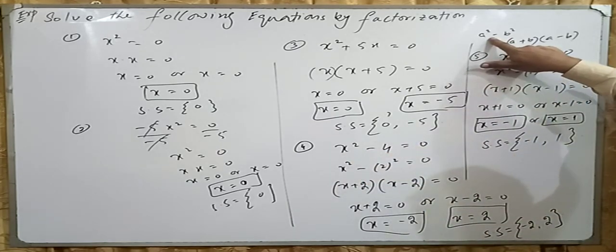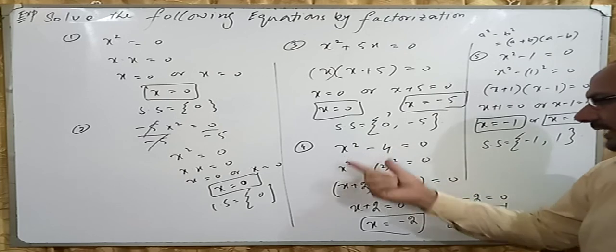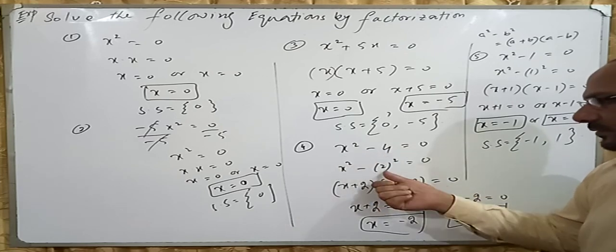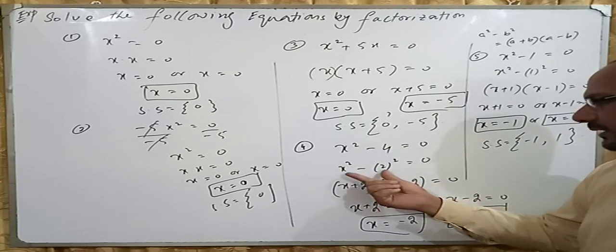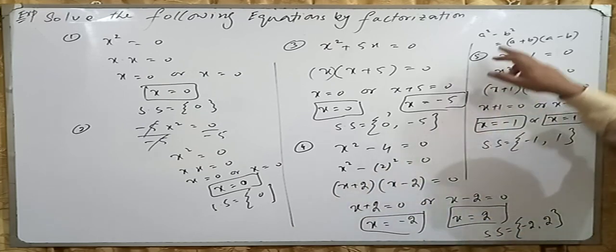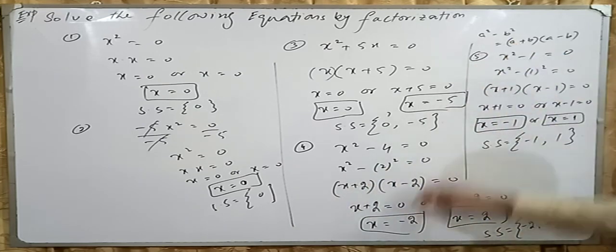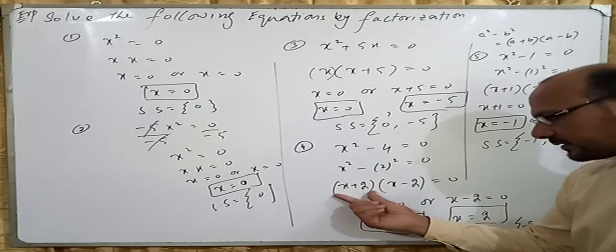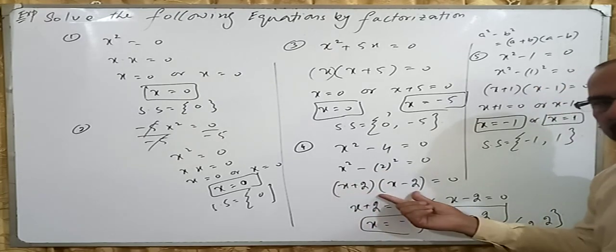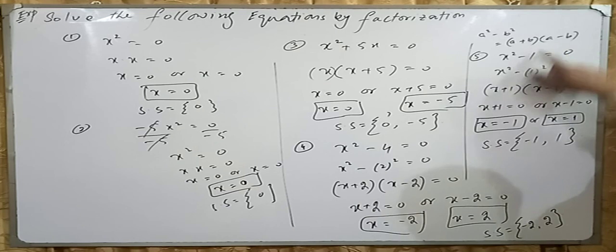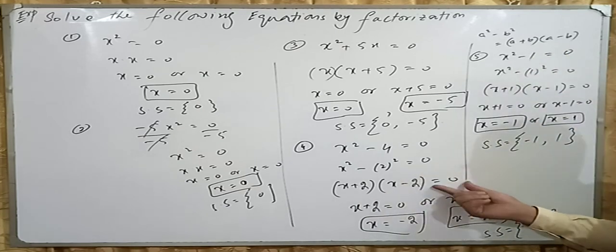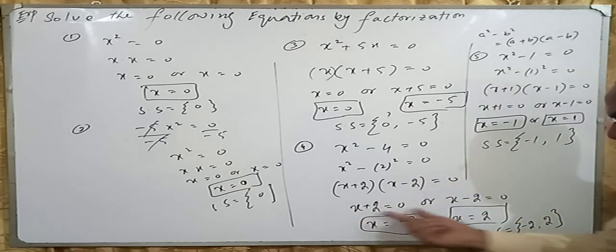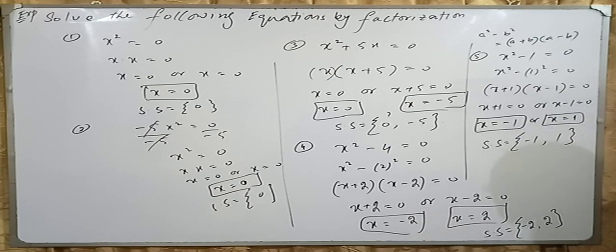This is called difference of square. So x square minus 4 is the square of 2. So x square minus 2 square, just like a square minus b square. So instead of this you can write x plus 2 and x minus 2 according to this formula. So both will be equal to 0. Take them separately equal to 0, so you will get two values of x.